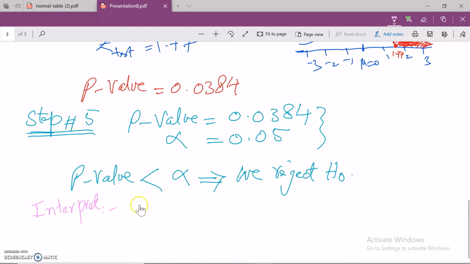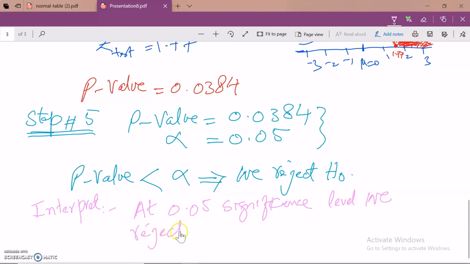We're going to interpret that at the 0.05, 5% significance level, we reject our null hypothesis, and as a result, we support the alternative hypothesis.